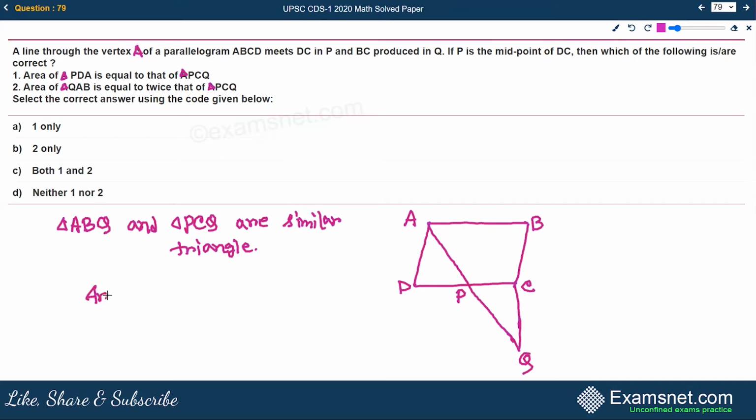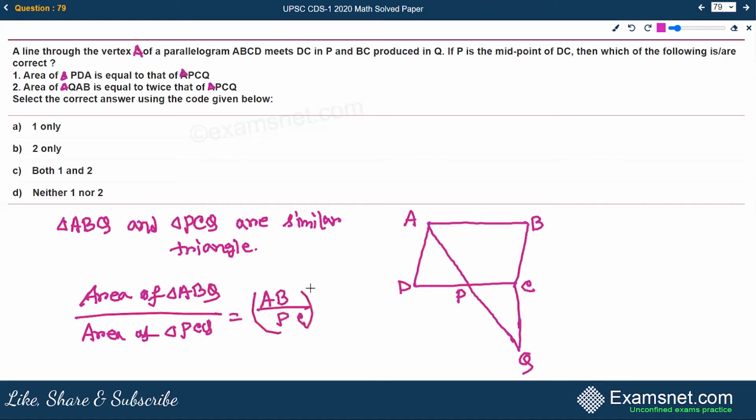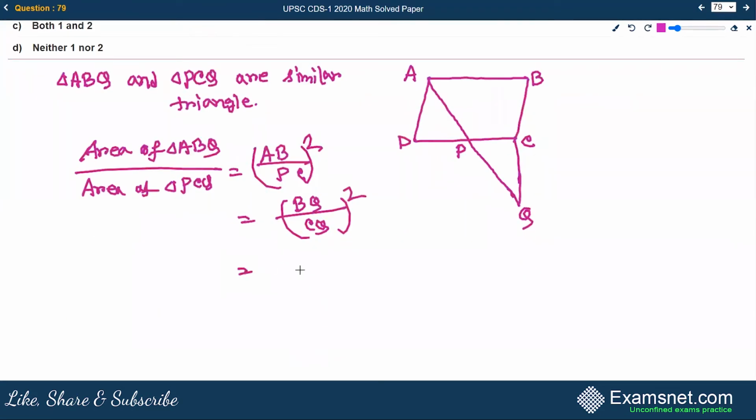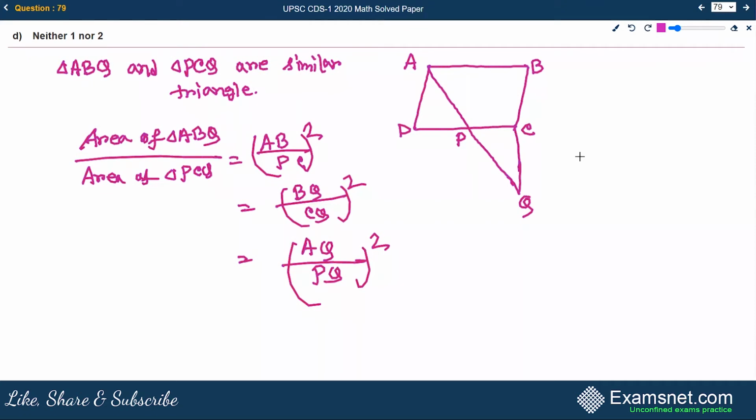So the area of triangle ABQ by the area of triangle PCQ equals (AB by PC) whole square, or equals (BQ by CQ) whole square, or equals (AQ by PQ) whole square. Okay, now let's start with the main solution.